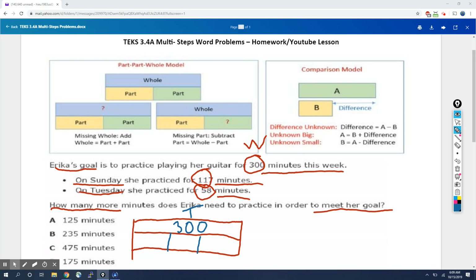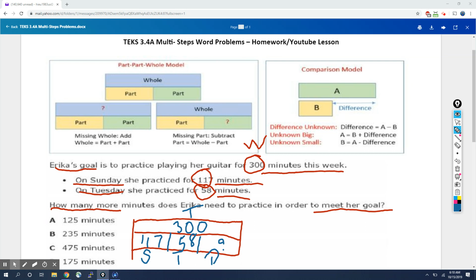So I know there are 117 so far, maybe on Sunday. On Tuesday, she practiced 58. And then another day that she needs to practice some. So I'm going to put a question mark for that day. I don't know how much more she needs to complete the 300.